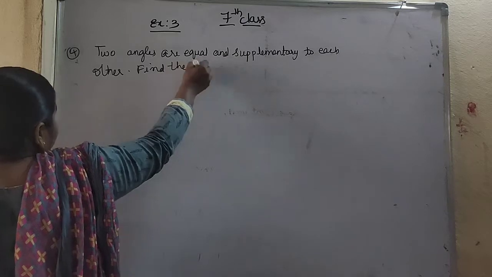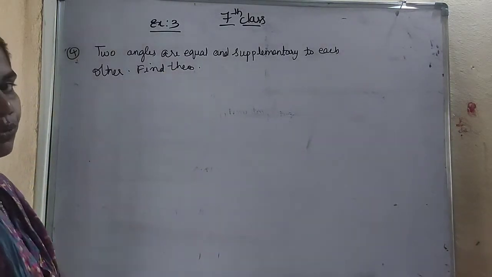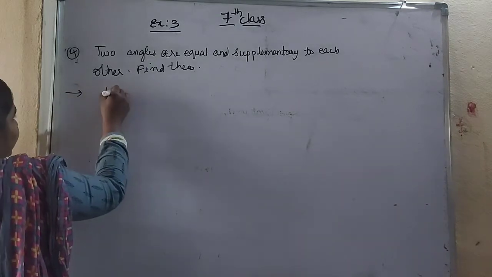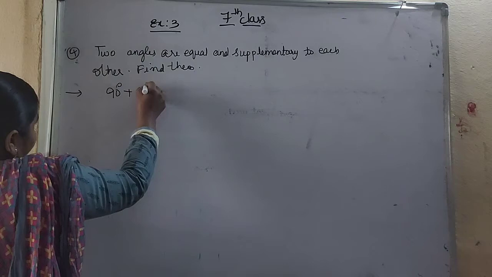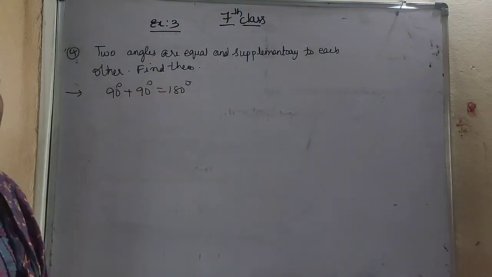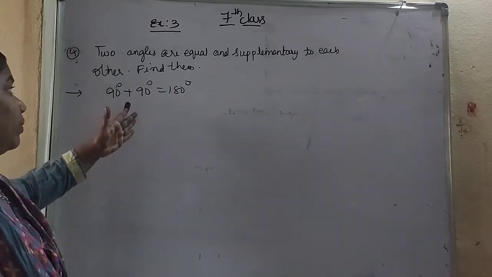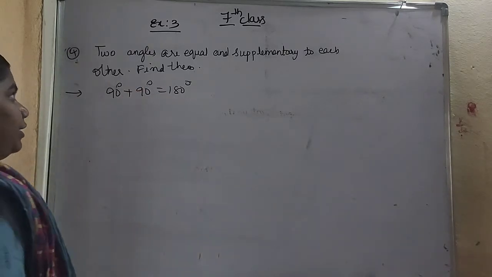So what are the two angles which are supplementary to each other, and the two angles should be equal to each other? We can take 90 degrees plus 90 degrees, which is equal to 180 degrees. So 90 is an angle, the angles are equal, and if you add the equal angles, that will be equal to 180 degrees.